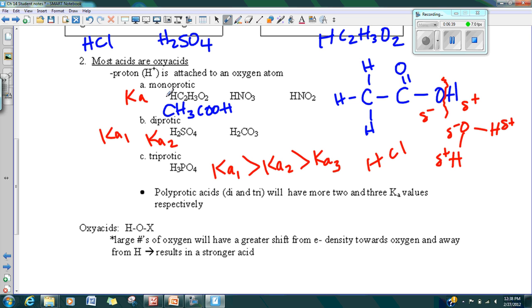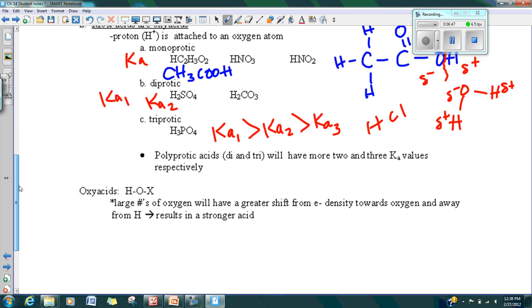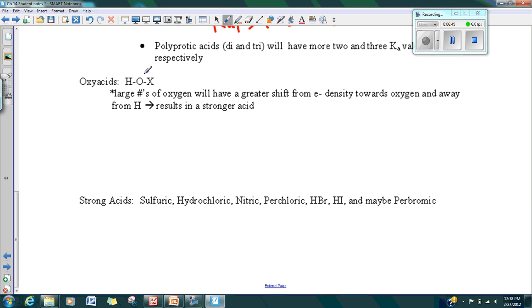We are mainly going to stick to monoprotic ionization because it's a little bit easier to understand. Then we're going to take a look at oxyacids, which is what this section is talking about. You can see that here I have a hydrogen attached to an oxygen, and X here meaning that I have a non-metal. So if I have large numbers of oxygen, we'll have a greater shift of electron density towards the oxygen and away from the hydrogen, which results in a stronger acid.